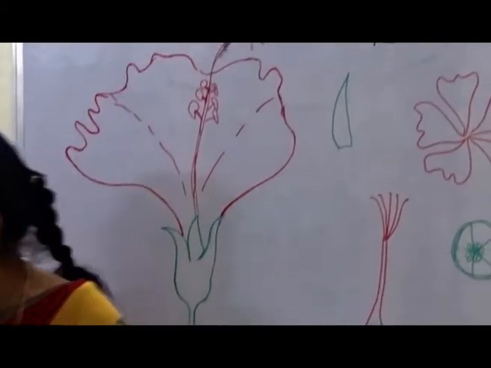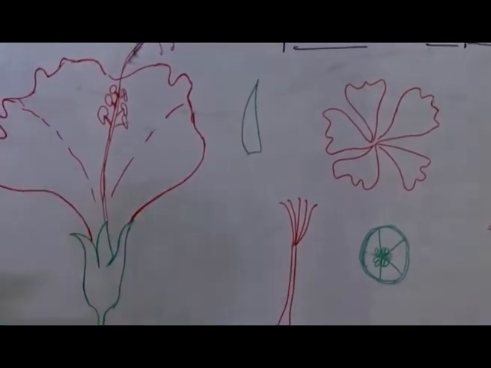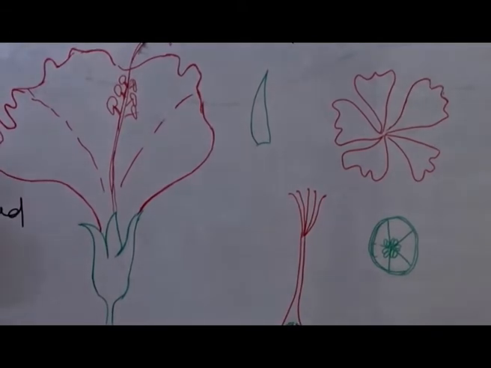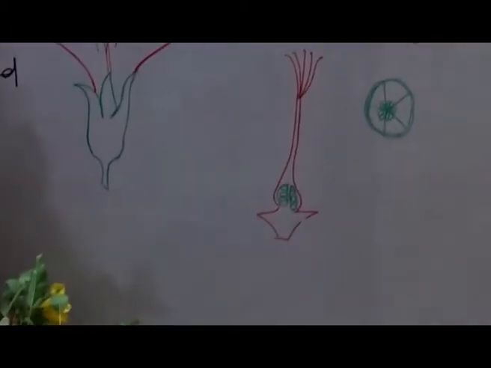Now, for the reproductive morphology, the bud is the first sign of reproduction. So, the formation of the bud, the appearance of the bud, is the first sign of reproduction.